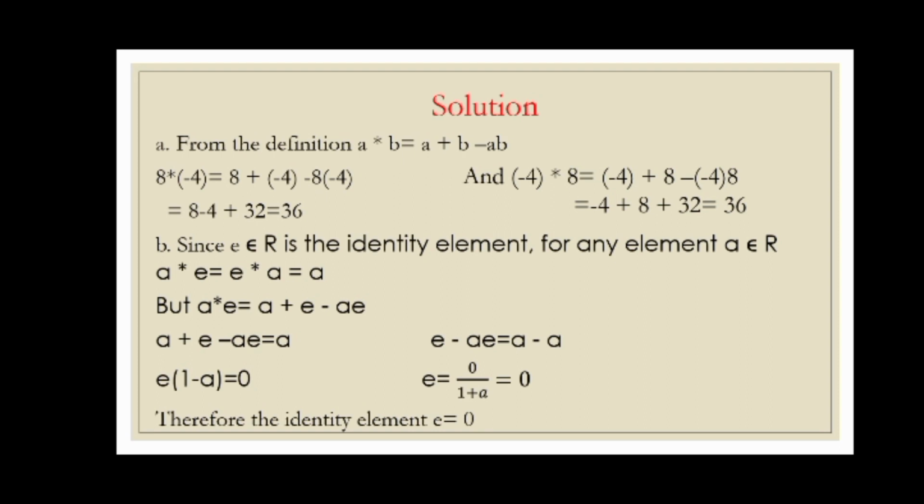So we have E minus AE is equal to A minus A. When we factor the E out, we have E into bracket 1 minus A, which is equal to 0. A minus A is 0. We want to make E the subject, so we divide by 1 minus A. So E is equal to 0 over 1 minus A, and the answer is 0. So therefore the identity element E is 0.